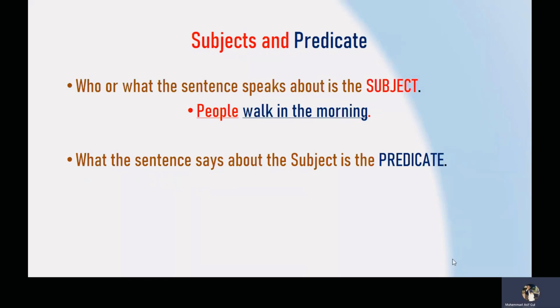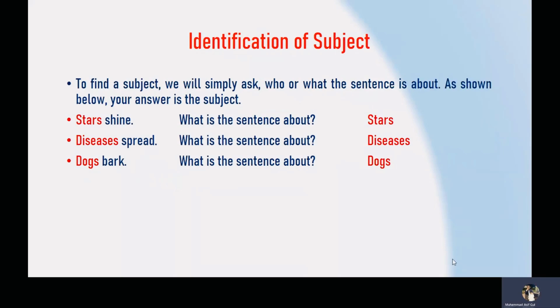Now, what does the sentence say about the people? The sentence says that people walk in the morning. So walk in the morning is the predicate. We will try to talk about it further.